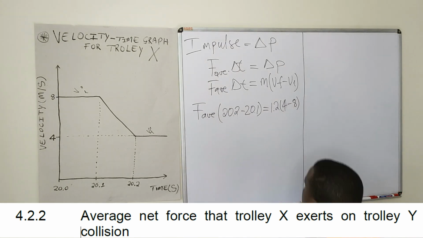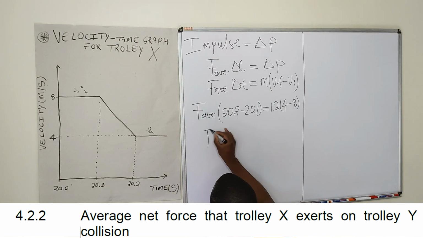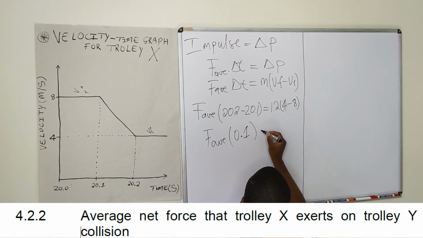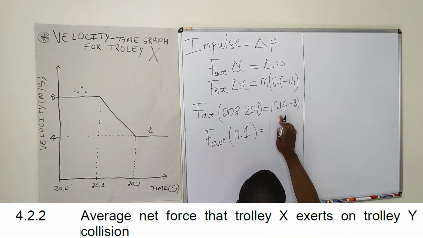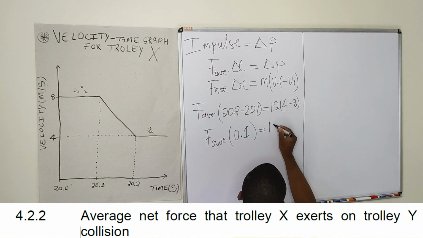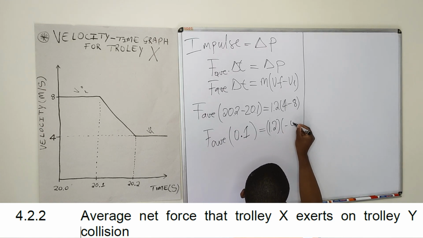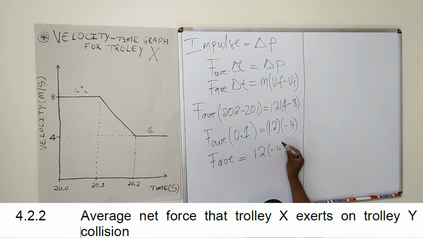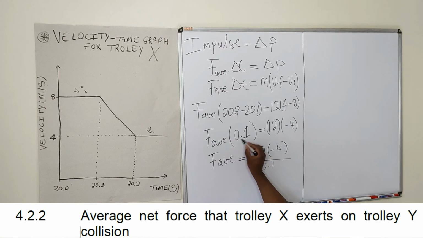So we say F average times this time, which is 0.1, is equal to this times that, which is 1.2 times -4, right? So F average is equal to 1.2 times -4, all divided by 0.1.